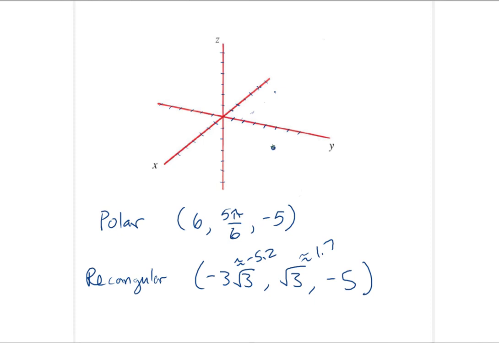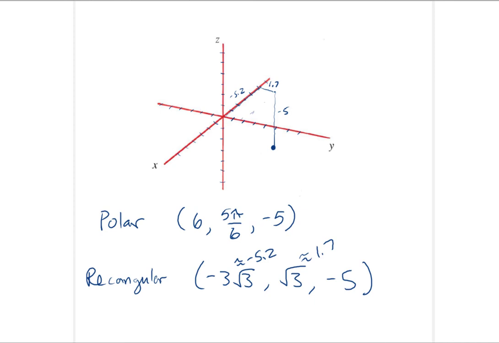So we should get right about there. So you go that far in your x, there in your y, and then there in your z. So negative 5.2, 1.7, negative 5.